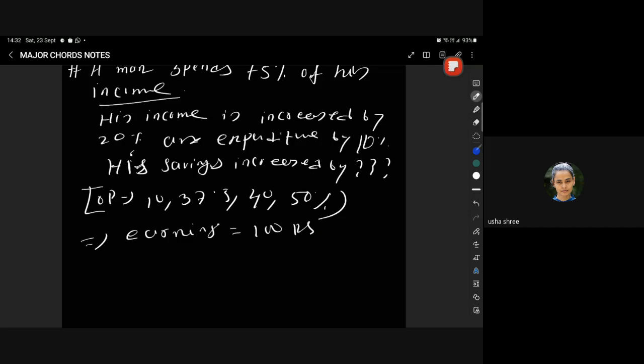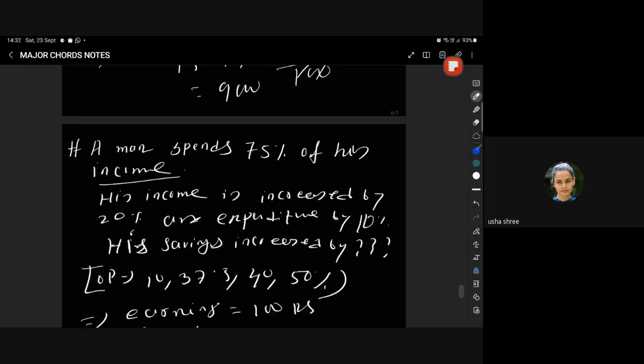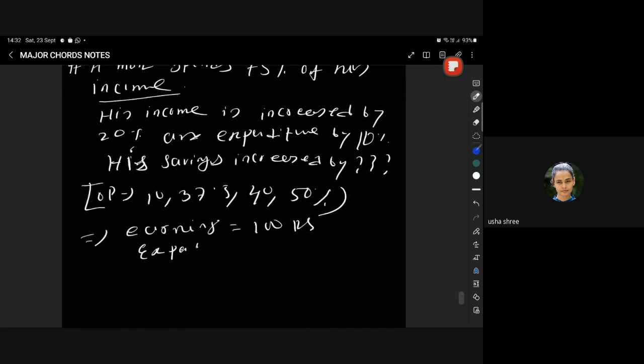Expenditure is equal to 75 rupees. So savings is equal to 25 rupees. Okay.